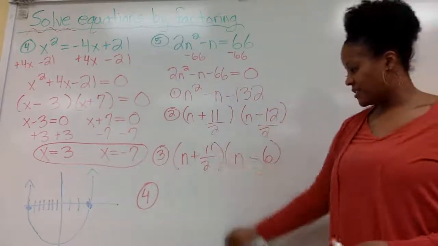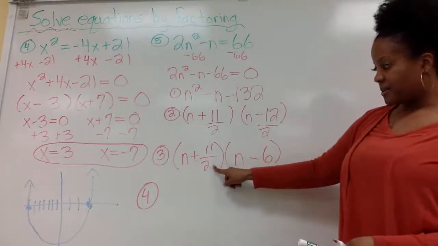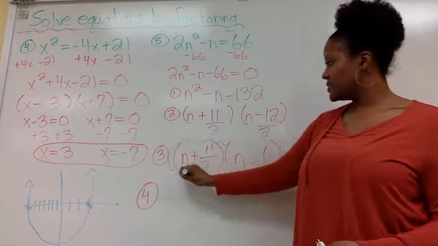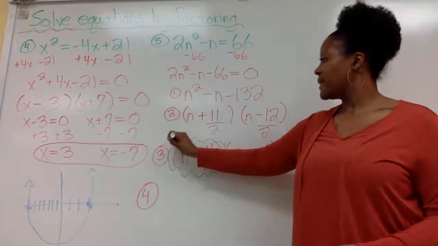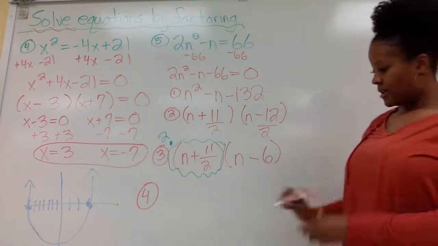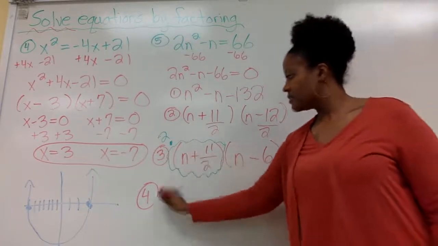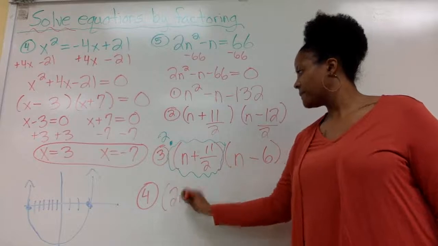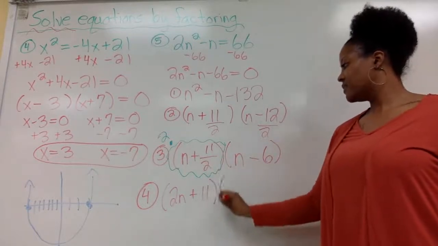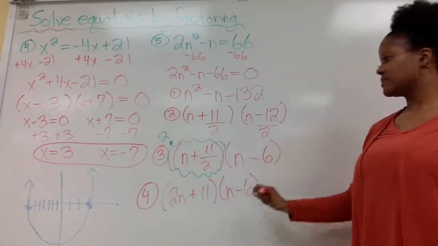So I have a fraction over here. I need to multiply this whole thing by the denominator, which is 2. So I need to multiply just this part by positive 2. 2 times n is 2n. 2 times 11 halves is 11. n minus 6.